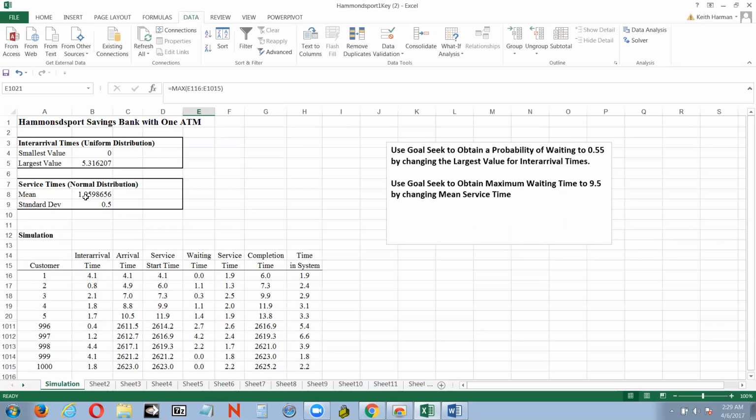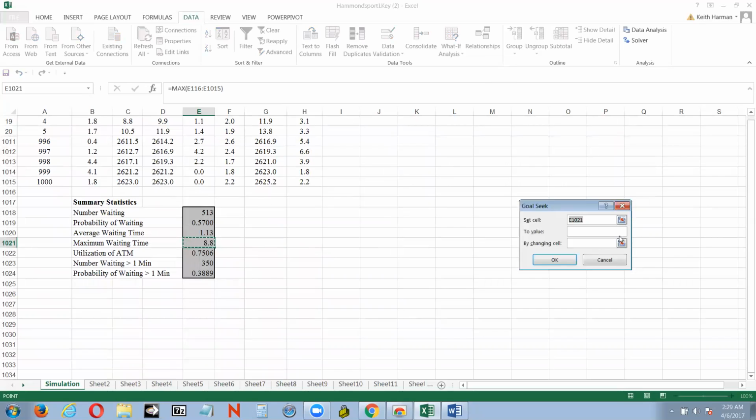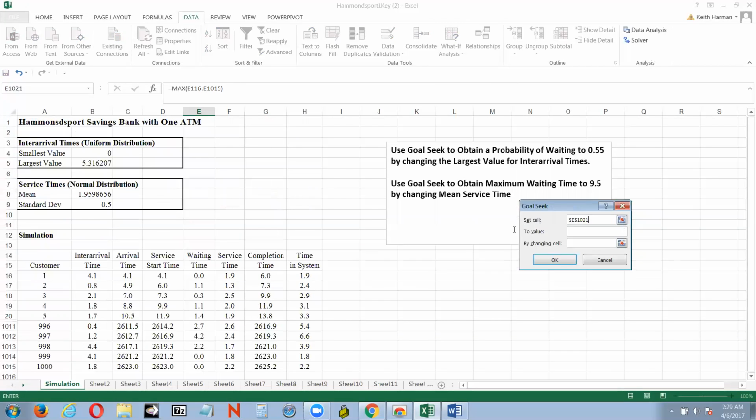And the mean service time is B8. So we'll click on What-If Analysis. We'll do the goal-seek. All right. And I'm going to set cell C1021 to 9.5 by changing cell B8.